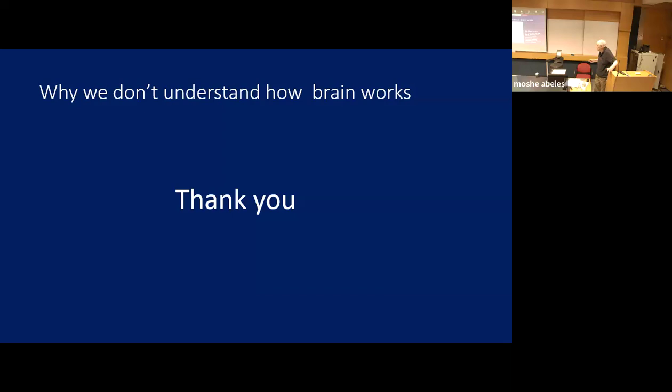So, thank you. You touched a very soft point. I don't really understand what it means to understand how the brain works. What I'm suggesting is that the brain works by communication between patches.